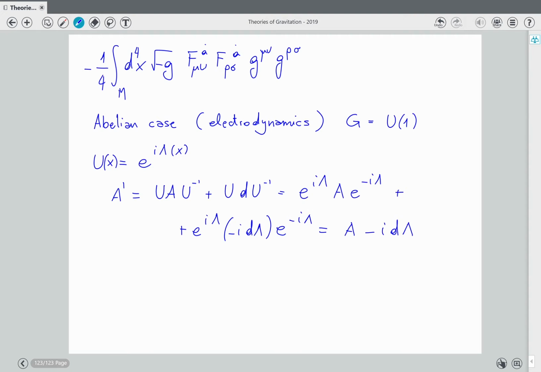And the reason why there is this I is that in this notation I'm using a basis of anti-Hermitian gauge fields.